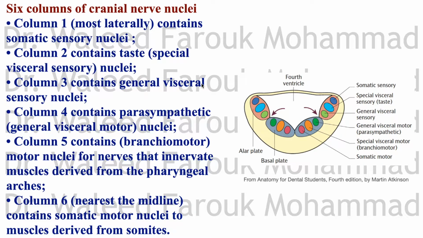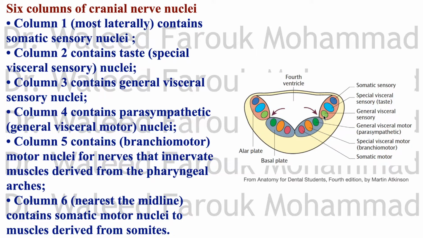There are 6 columns of cranial nerve nuclei to be identified along the length of the brainstem. Column 1 is the most lateral, contains somatic sensory nuclei. Column 2 contains special visceral sensory, like the taste, for example. Column 3, general visceral sensory. Column 4, general visceral motor, which is the autonomic.